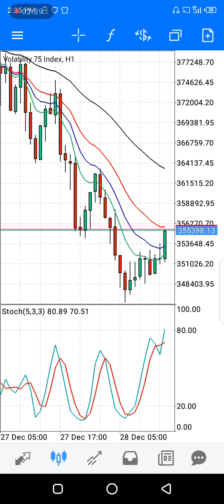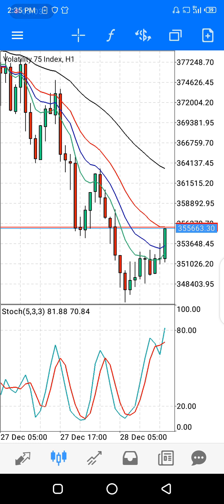The stochastic is used to determine the entries, and then the average true range, the ADX, is also used to define the momentum of the market. But we are not going to use the ADX now. In the next video, we are going to trade with the ADX. So let's get onto the board and see how we can form it.